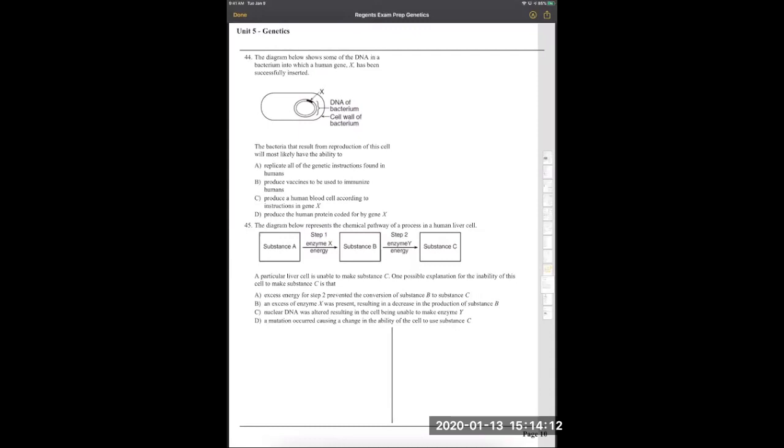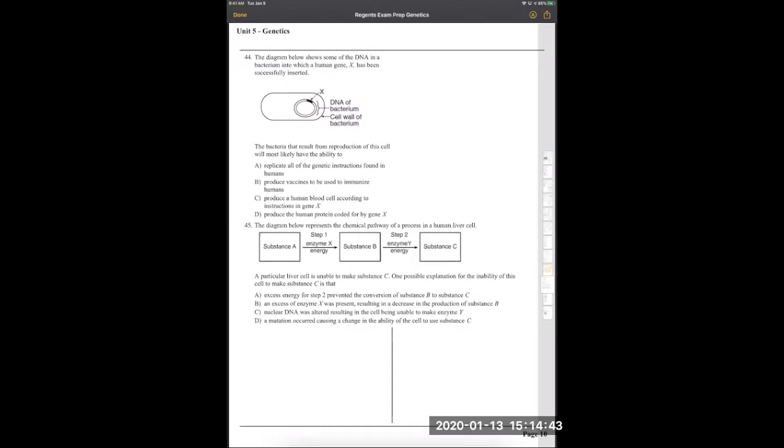A mutation occurred, which is kind of the same as C, nuclear DNA being altered, causing a change in the ability of the cell to use substance C. That makes no sense. The beginning was kind of right, but the end is not. So I would go with C as our correct answer because nuclear DNA was altered, resulting in the cell being unable to make enzyme Y. In my opinion, that is your right answer.